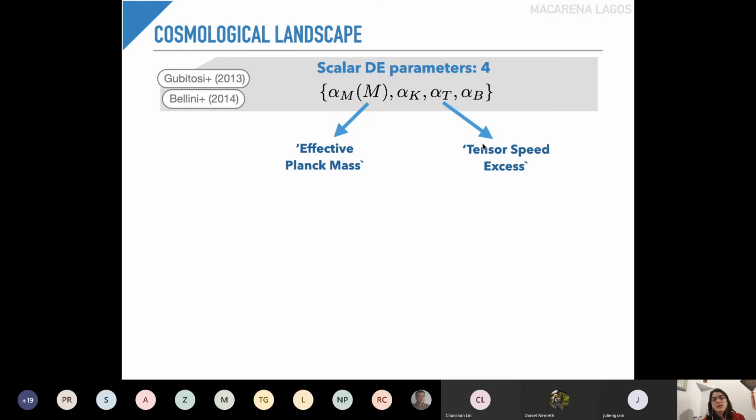In lambda CDM, they propagate at the speed of light, but if you now have an additional scalar field in your gravity theory, which in my case I assume to be the dark energy field, then the propagation speed could change. Also, alpha m will be important, and this capital M is called the effective Planck mass.